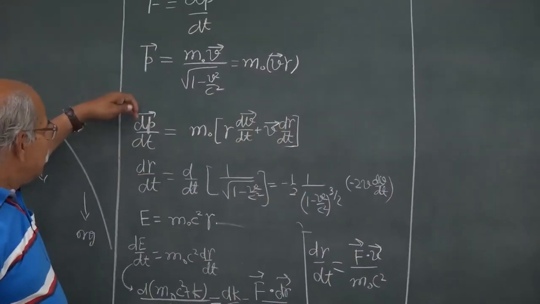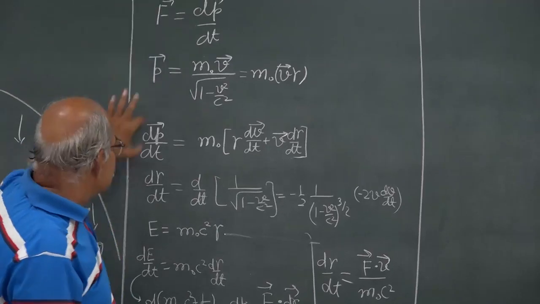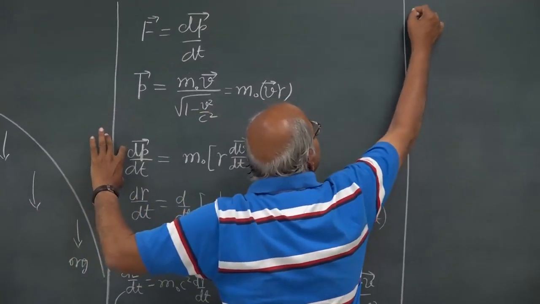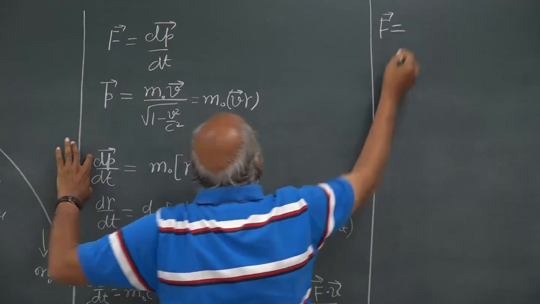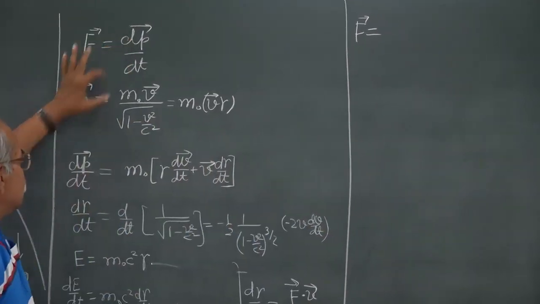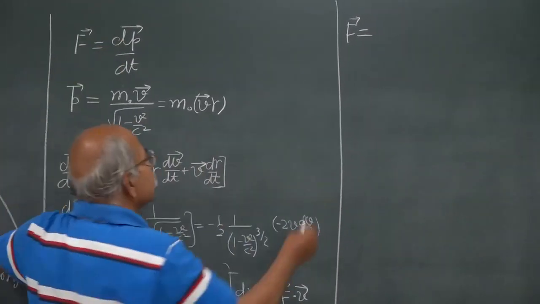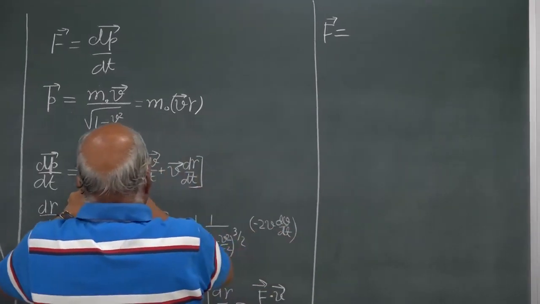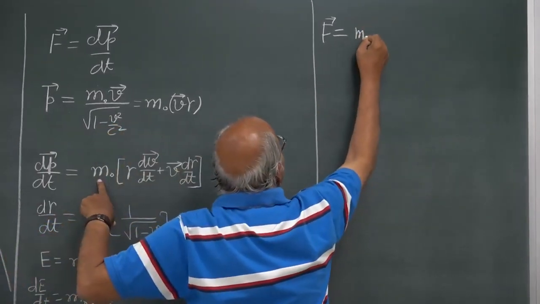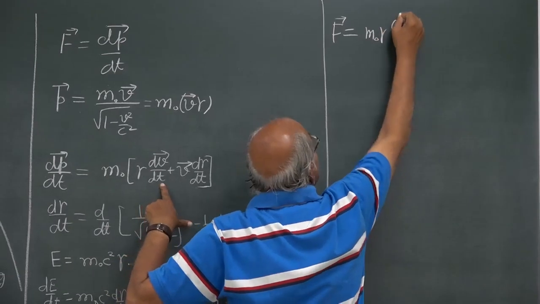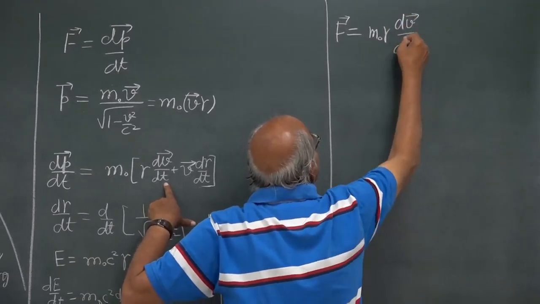What do you get? dp/dt, which is force. So, force is equal to dp/dt, and dp/dt is m naught gamma dv/dt.